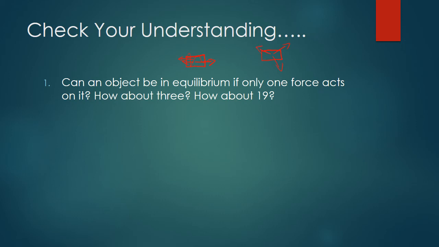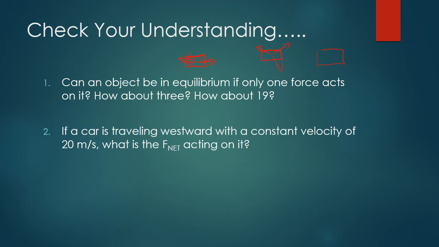I don't know if I do that very well. But there is a way where you could imagine that if you added up all the vectors, the x and y components of all these vectors ended up being 0. I don't know if I drew that perfectly, but there is a way to do that. And if there's 19, sure, why not? Just all different directions, and somehow the x and the y components add up to 0. That's definitely possible.